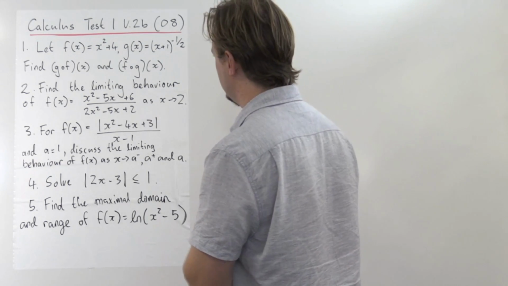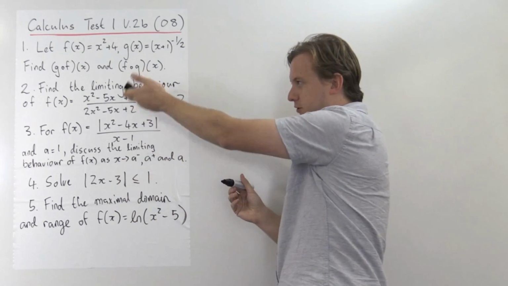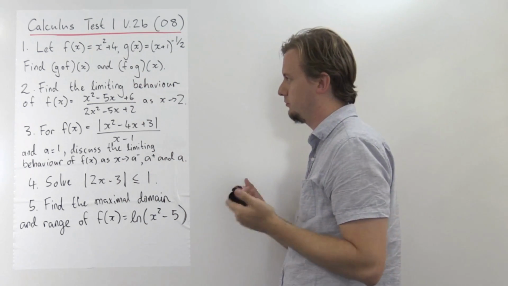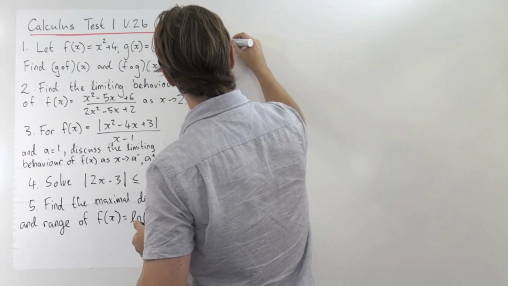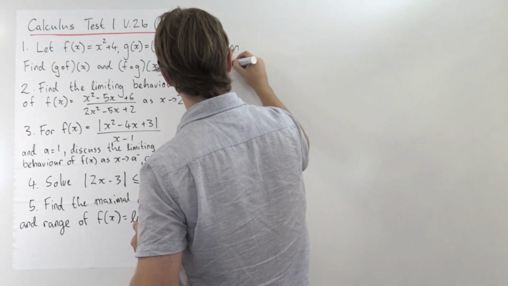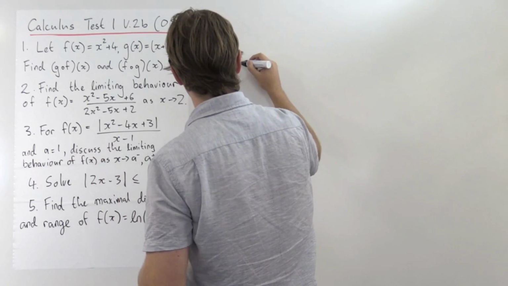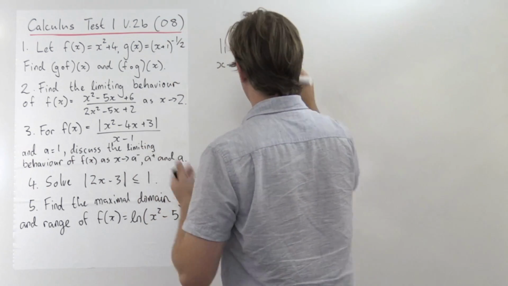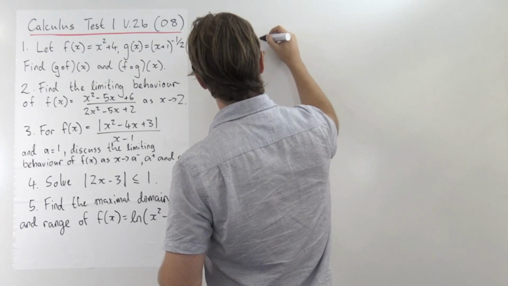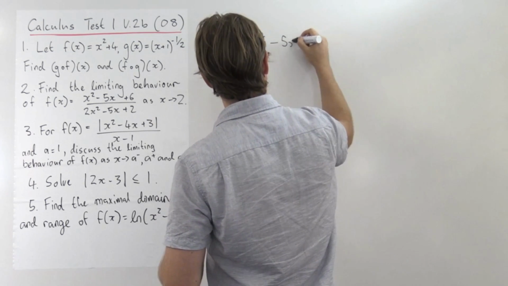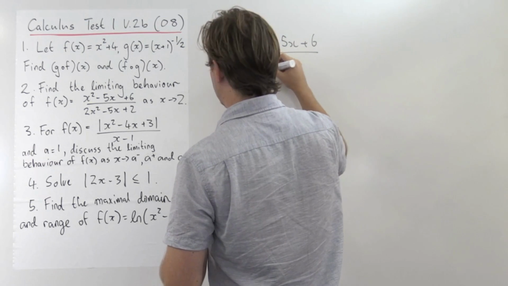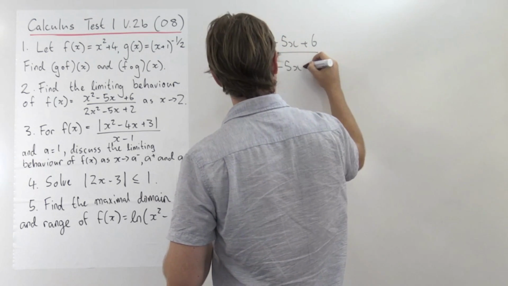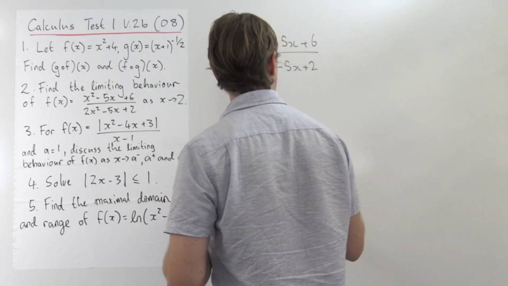I think this is dry now. But looking at that, I now know that the top and the bottom do have roots of 2 in them. So let's just rewrite. Let's start out by writing what it is we're considering. We're trying to look, as x approaches 2, at the limit of x squared minus 5x plus 6 over 2x squared minus 5x plus 2.